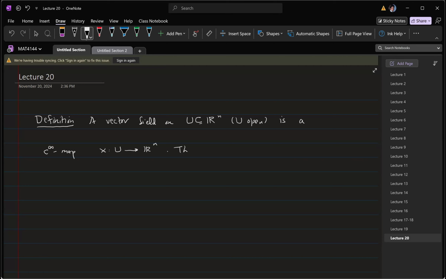And the flow of this vector field X is a map which I denote by phi upper X. And with a little bit of generosity, I assume that the flow is defined for some interval of time uniformly.